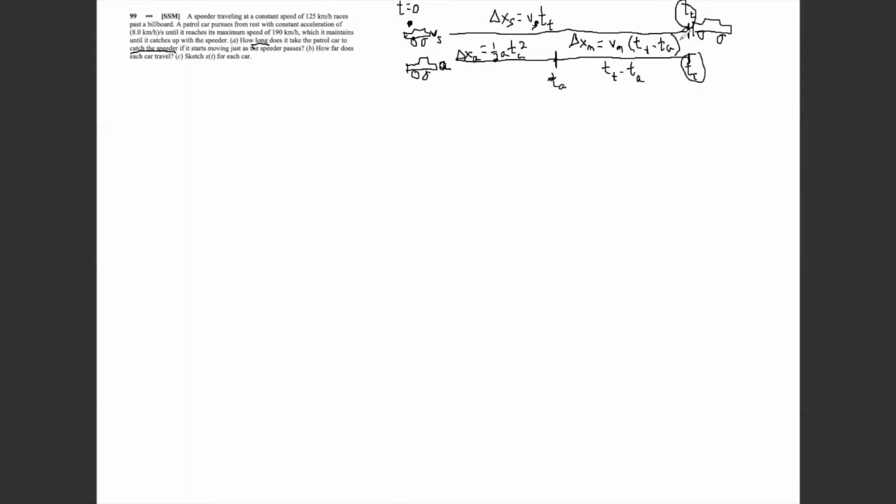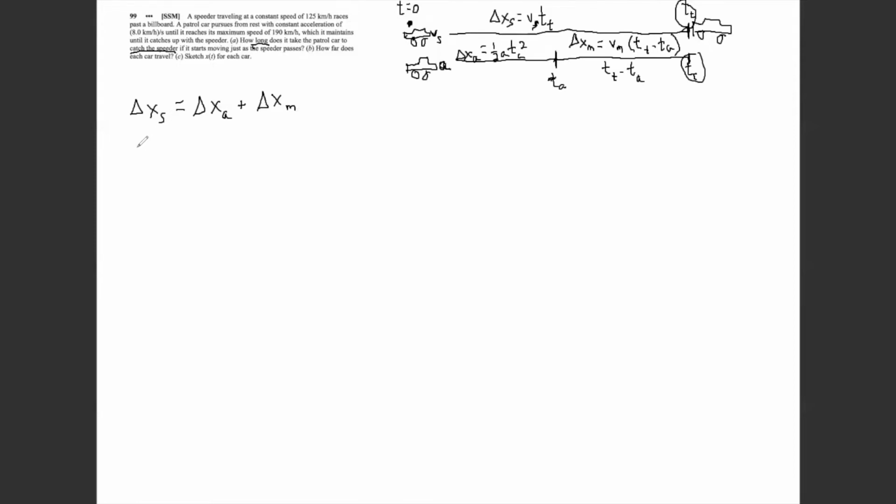When the times match up, the total distance is going to match up. So what we could say is delta x of the speeder, the distance the speeder goes, will equal the distance the police car traveled while it was accelerating plus the distance it traveled while it was at its max speed.